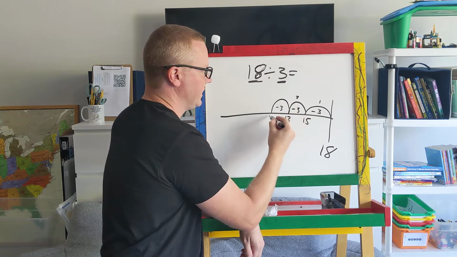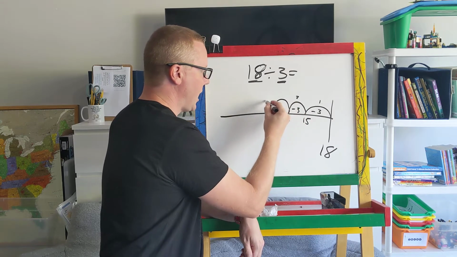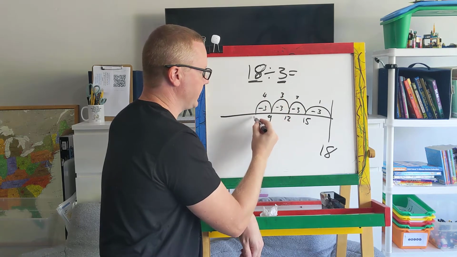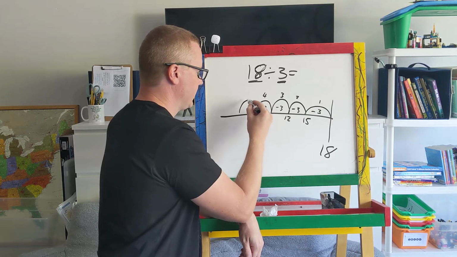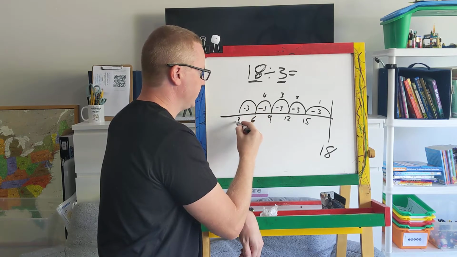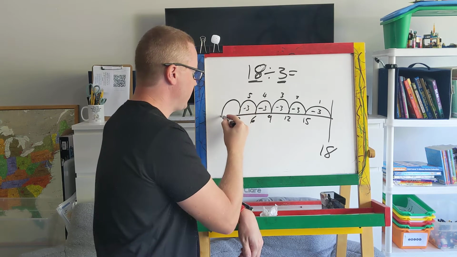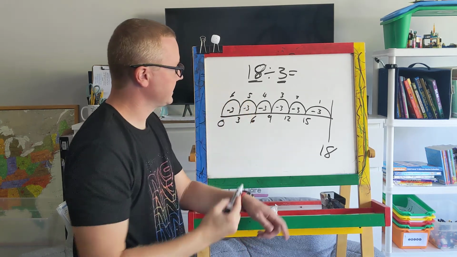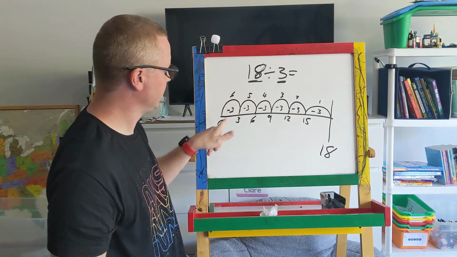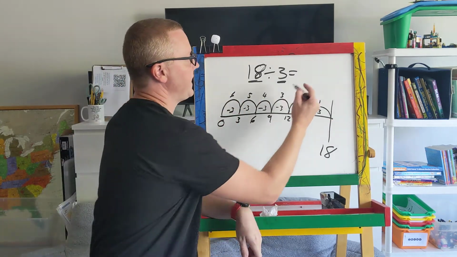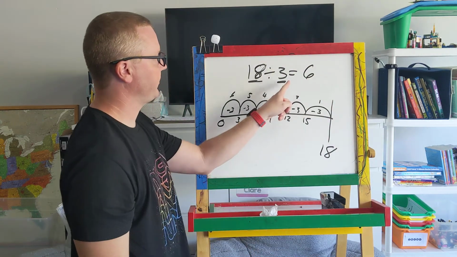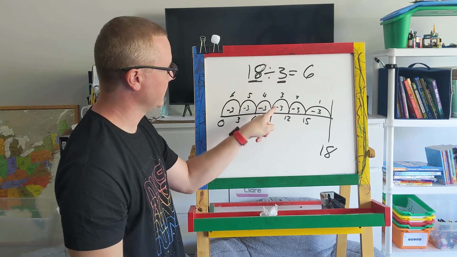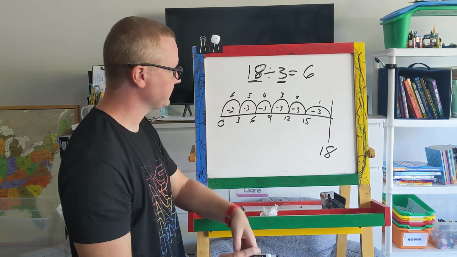Minus 3 is 9, minus 3 is 6, minus 3 is 3 for our 5th time, and minus 3 gives us 0 for 6. So it took 6 jumps for us to get to 0, and that would give us our answer, 6. 3 can go into 18 6 times. 1, 2, 3, 4, 5, 6.